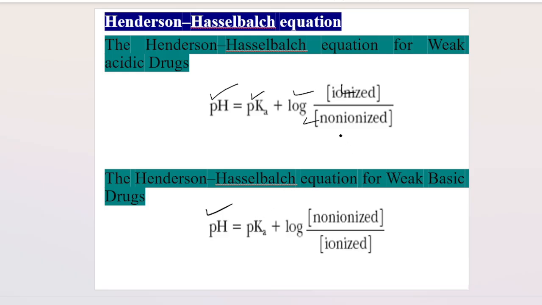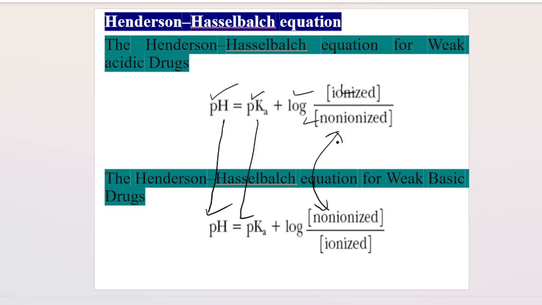So in both equations the pH is the same and the pKa is the same, and the only difference is between the ionized over non-ionized ratio or the non-ionized over ionized ratio. That is the difference; otherwise the equations are mostly the same.